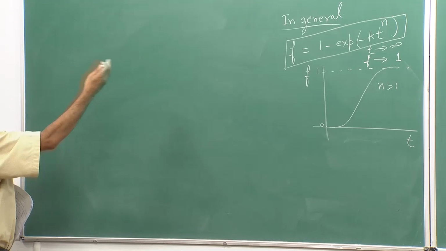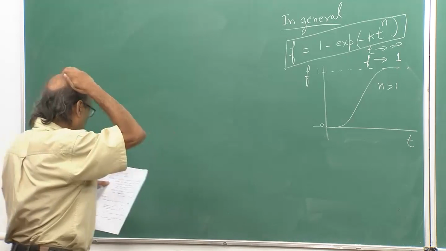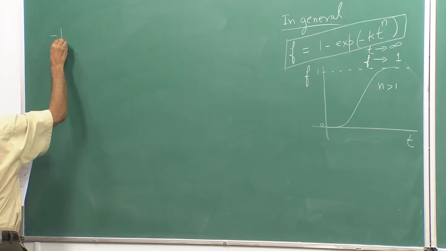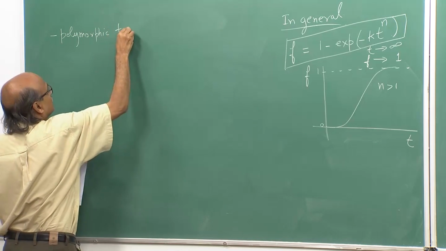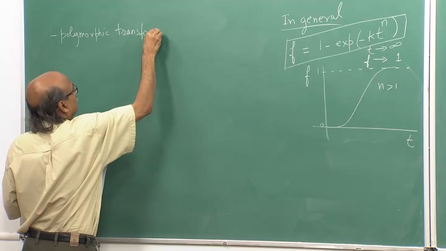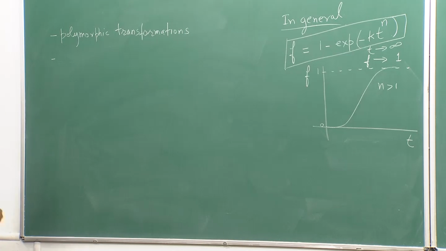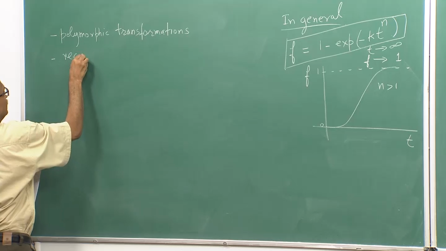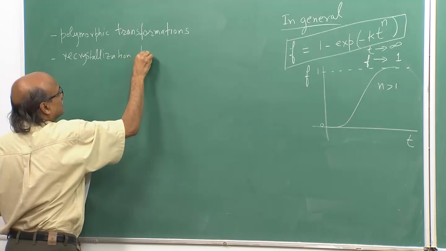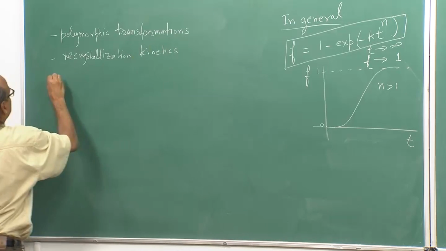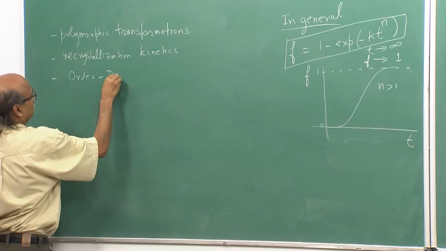First of all, this Avrami relationship can be applied to a very large number of systems. It could be applied to polymorphic transformations, it could be applied to recrystallization kinetics, it could be applied to some order disorder transformations.